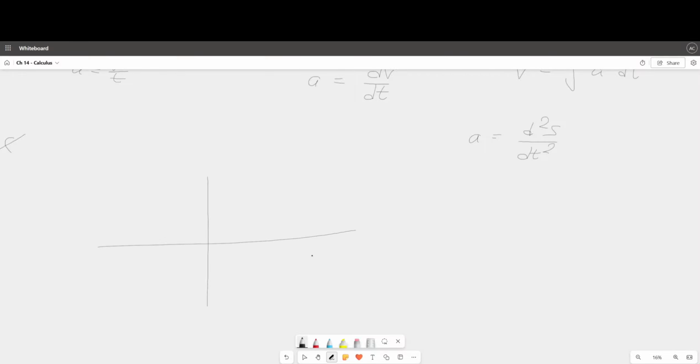If you're given, let's say, a displacement by time graph, some curve, y is equal to f of t for some displacement, if you take the gradient of this, that gives you the velocity, and the gradient of that, which is going to be a straight line, is the acceleration. And then if we go backwards, the area under the acceleration graph will give the velocity, and the area under the velocity graph will give us displacement.